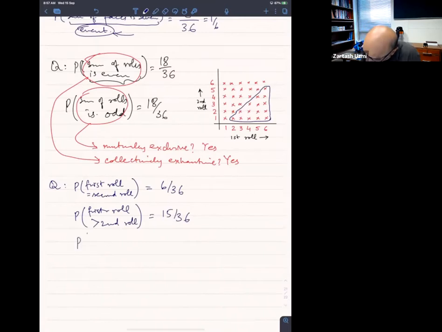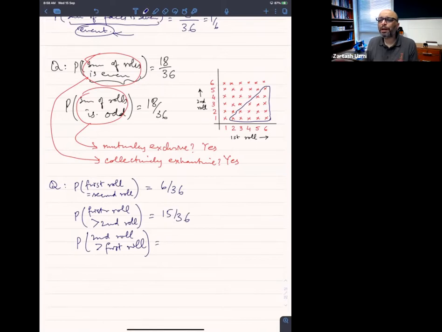What is the probability that second row is greater than the first row? Now you can again count the points और वो ये upper triangle में आएंगे, ठीक है? But count करने की जरूरत नहीं है, क्यों? Because both the dice are the same. एक ही जैसी dice हैं.